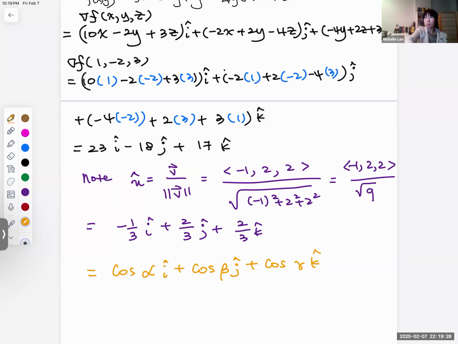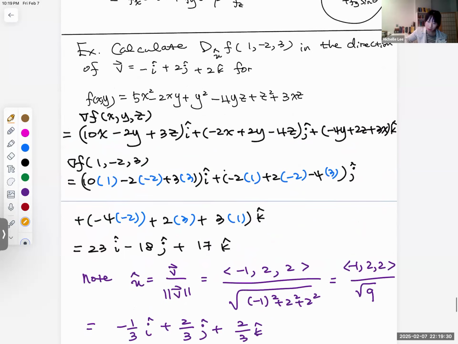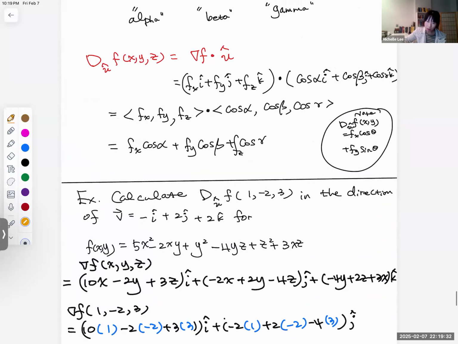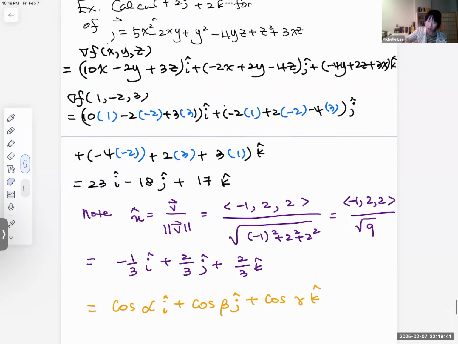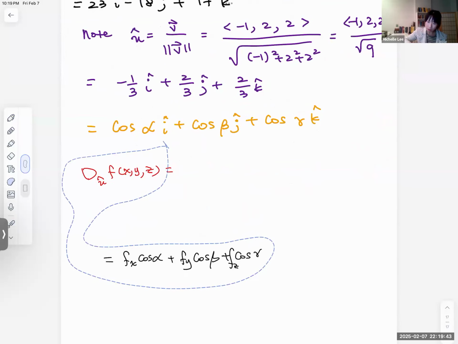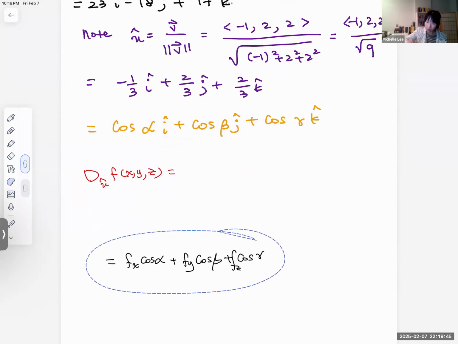So once again, let's apply this formula. Copy. This one.